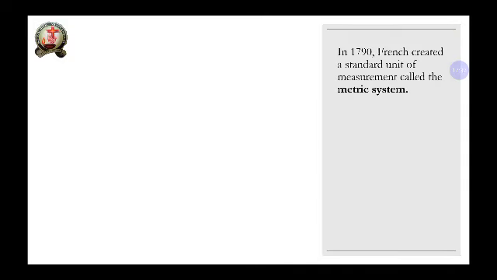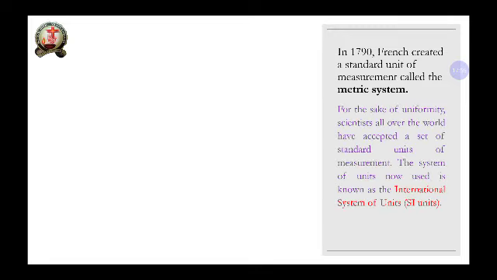So likewise, these people were measuring lengths without using instruments. Now when was the standard unit created? It came into existence in the year 1790. The French people created a standard unit of measurement called the metric system. The metric system was introduced, but it was not a consistent one.